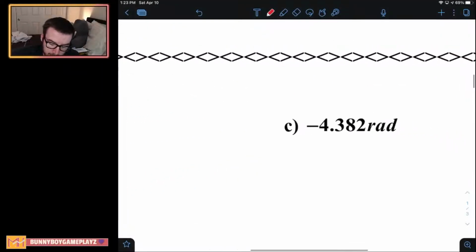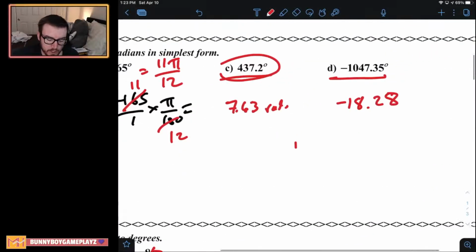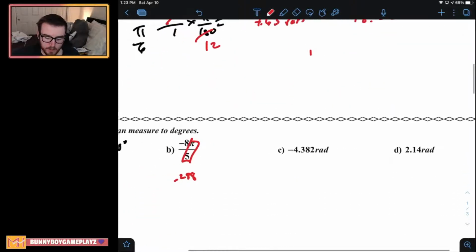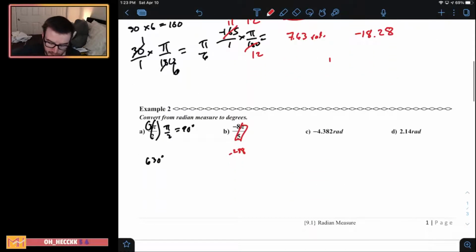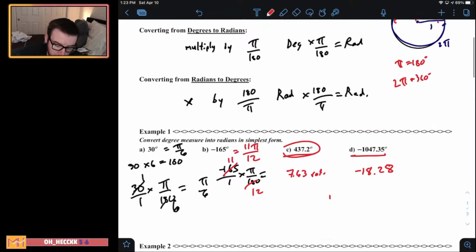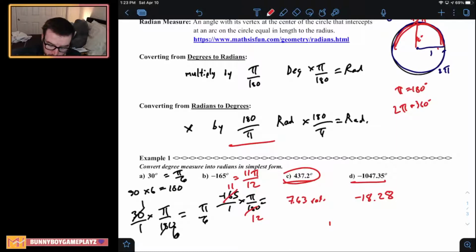Now, over here, it's written as a decimal, just like I wrote these as a decimal. So there is no pi staring me in the face, right? So we go back to this rule of 180 divided by pi. I take my radian measure, and I'm going the other direction, so I use this one instead.